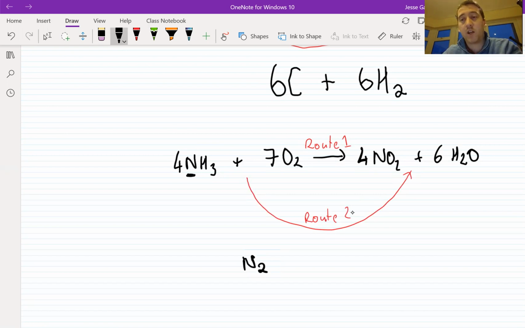The people in my class would know which elements are diatomic. The rest of you, if you haven't done this in chemistry before, I'll tell you them now, but you will come across them when you do bonding. We've got H2, hydrogen. We've got N2, nitrogen, O2, oxygen, F2, fluorine, Cl2, chlorine, I2, iodine, and Br2, bromine.